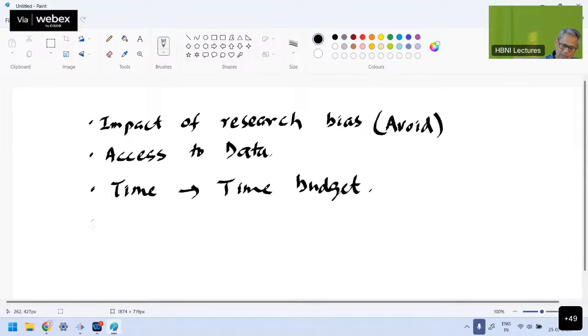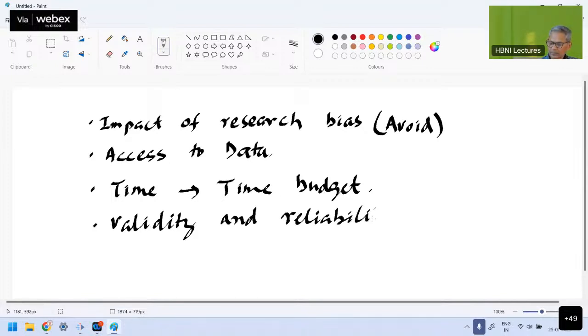And also you must develop a certain procedure to validate your data before publishing. Validity and reliability of data, this is very important.